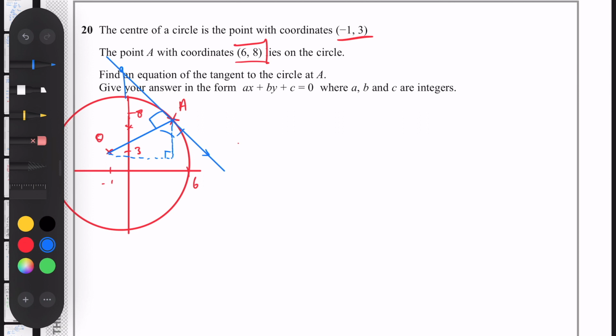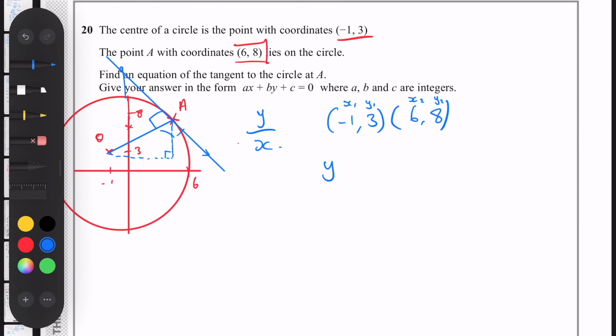So there's a gradient formula, and we know it's the change in y divided by the change in x. And we have the two coordinates, and it's -1, 3, and 6, 8. And we call the first one x1 and x2, and this will be our y coordinate 1 and y coordinate 2. So the formula goes like this.